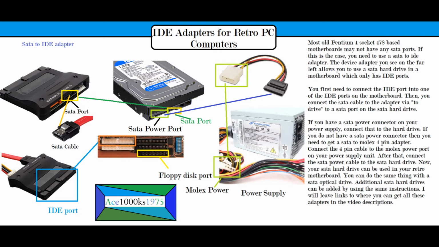So you connect the SATA end of that adapter into your SATA hard drive, and then you connect the Molex pin on that adapter to your power supply, and that's how you power up the SATA drive. So everything's outlined in that diagram that you see on the left.